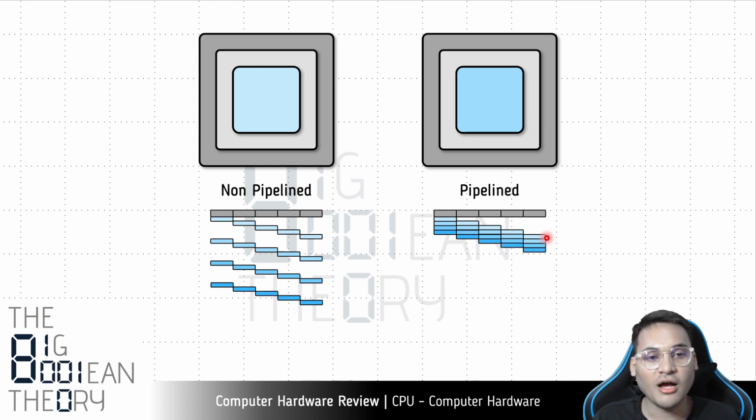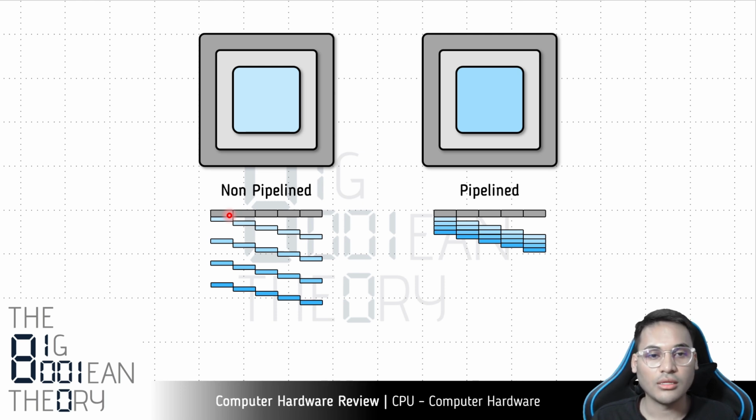And as you can see, after the first instruction is done, at every time unit a new instruction completes. So here the number of time units required is just 9, which is much less than the 20 time units that were required in the non-pipelined CPU. This concept of pipelining is quite common and used in the automobile industry, wherever manufacturing is done.